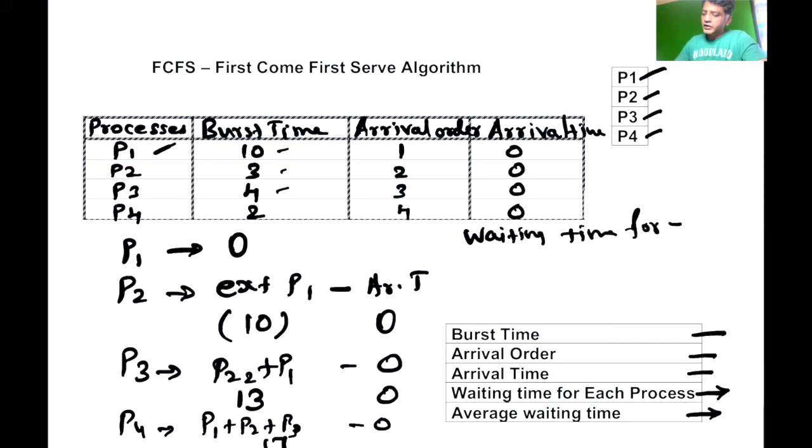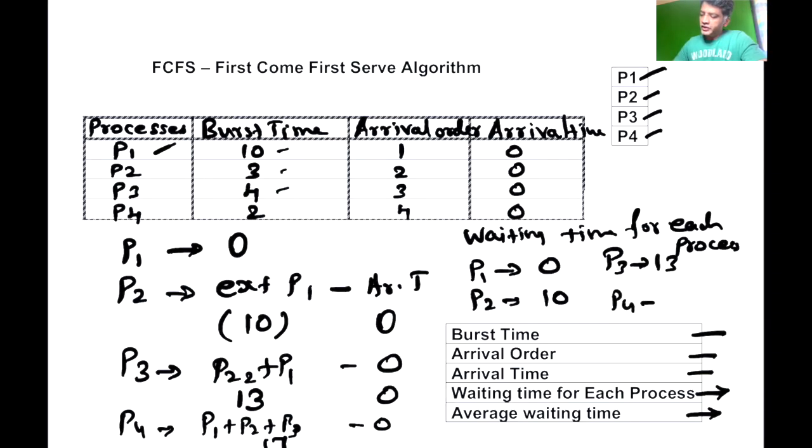P1's waiting time is 0, P2's waiting time is 10, P3's waiting time is 13, and P4's waiting time is 17. Now we have calculated all the processes' waiting times individually.